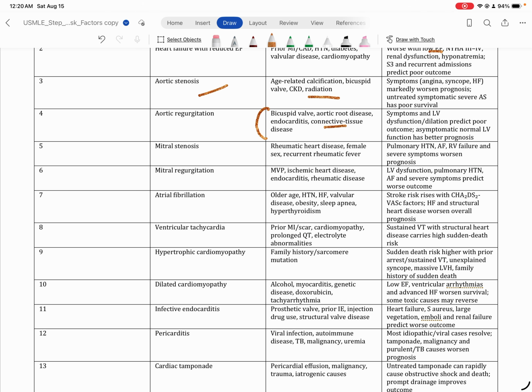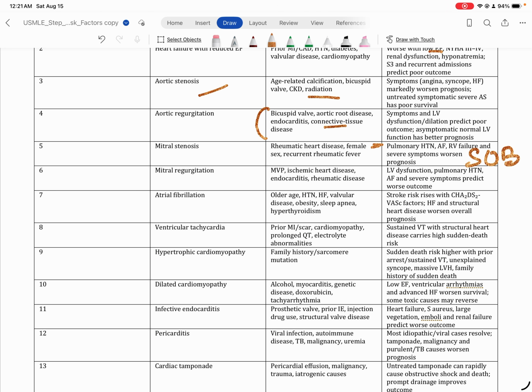And then prognosis for mitral stenosis is worse with pulmonary hypertension, atrial fibrillation, right ventricle failure, and severe symptoms worsening, when the patient has shortness of breath, SOB, and hoarseness in voice. All of these are signs of worsening of mitral stenosis.